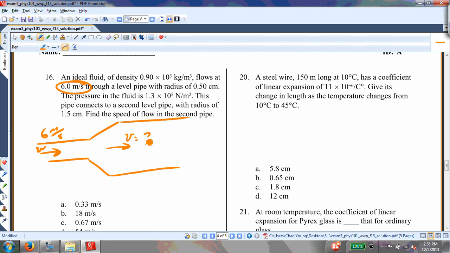All right, there's a lot of information here, but really all you need is the areas. There's that radius, and I have this radius. So I'm going to use the equation of continuity. A1 V1 equals A2 V2. This is V1, this is V2, I'm looking for V2.